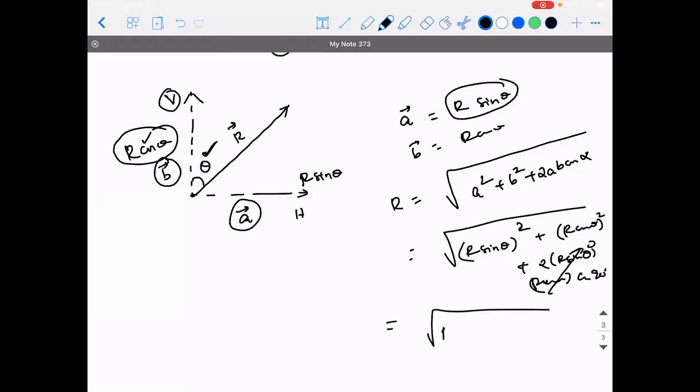So root of R square into sin square theta plus cos square theta. How much is this? R square. Root of R square, which is R. So R is equal to R. You're able to understand? Means you're actually doing the reverse operation of the parallelogram law of vectors. That is what I'm trying to say. That's what this process is called. Am I clear, guys? Yes, sir.